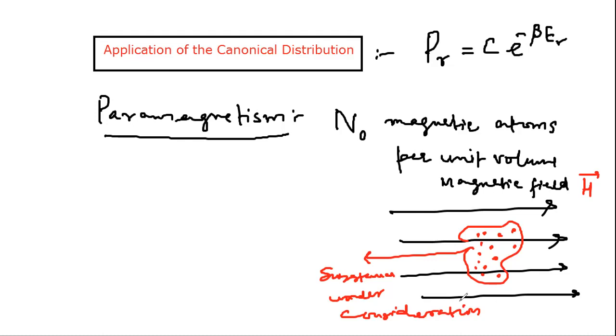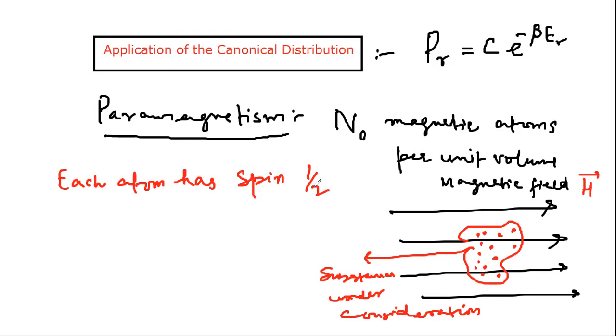We assume that each atom has spin half. So that will correspond to one unpaired electron.